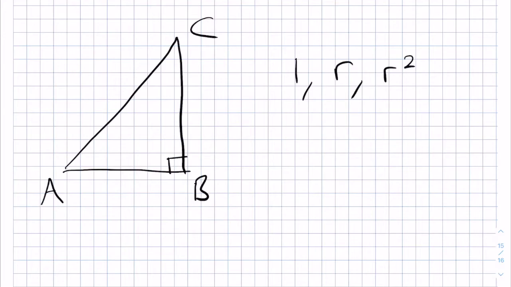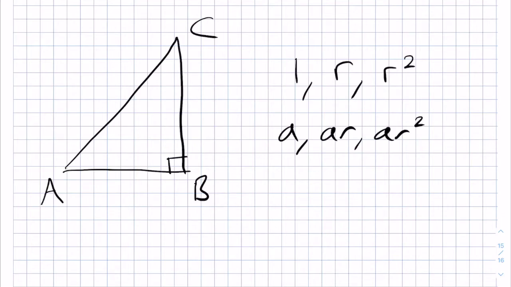Alternatively, you could make it a, ar, and ar squared if you're more comfortable. But either way, by scaling the triangle or by redefining our units, we can take 1, r, and r squared to be our side lengths. And these are, as required, in geometric progression.